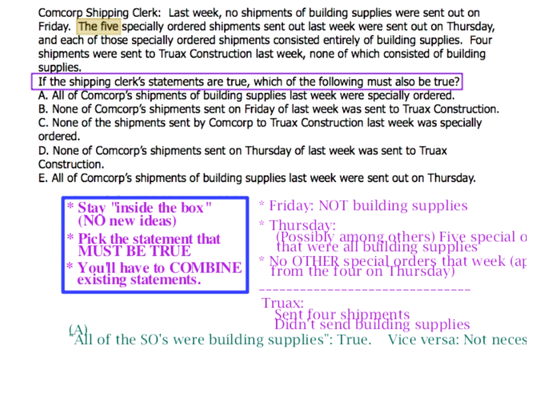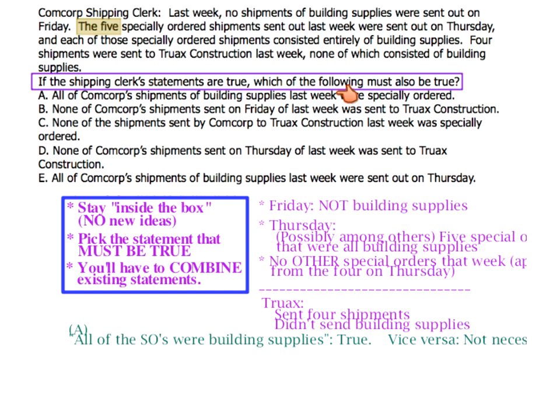B says none of ComCorp supplies were sent to Truax. What we know about Truax was that they didn't order any building supplies. So in fact, this doesn't rule out anything like B. We'll get there in a sec.